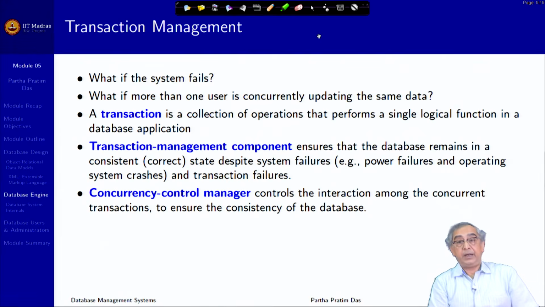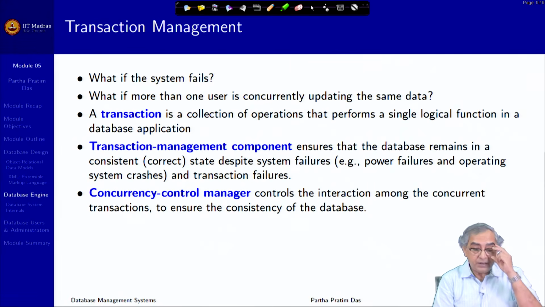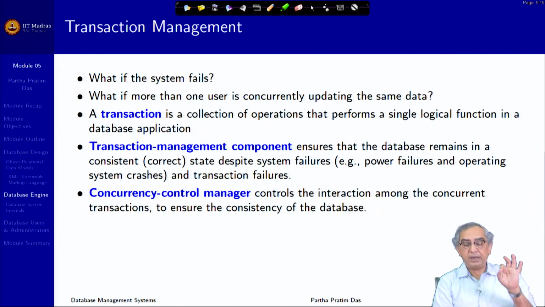The third and probably the most interesting part is the transaction management. We have taken examples of transaction. What is a transaction? It is a collection of operations that perform a single logical function.